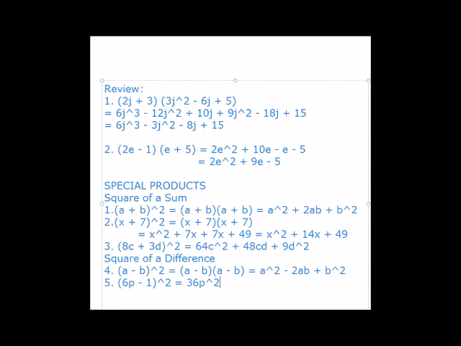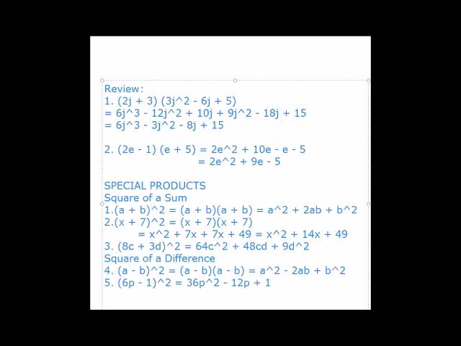P. 12p times negative 1, yes, equals negative 12p. Yes, very good. Negative 12p and then plus 1. Plus 1. Good job.